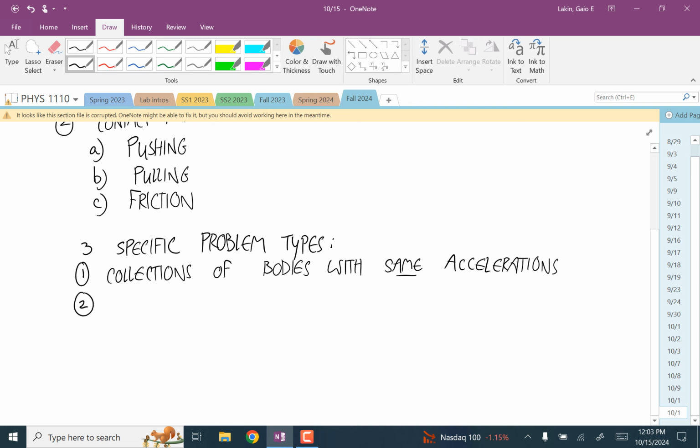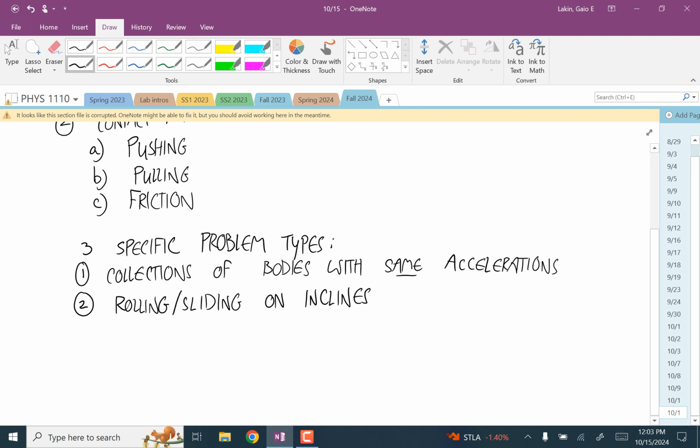Now we're going on to 2 new ones. Today we're just going to do the second one. This is rolling and sliding problems on inclines. So for the first time, we're going to start doing things that are rolling or sliding on ramps that are at an angle.